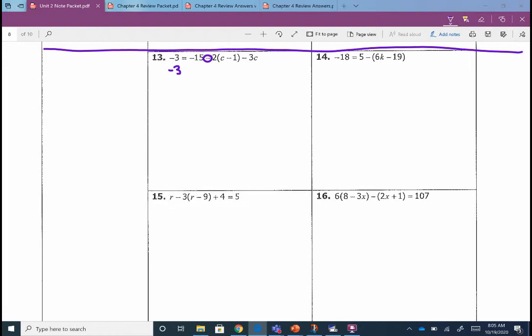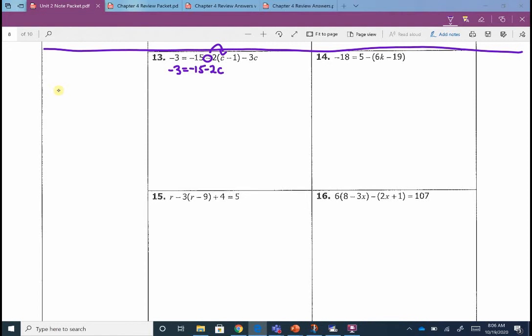There we go. An equal sign. The negative 15 isn't going to change either. Now I'm going to distribute. When I distribute, I like to draw my little arrows. It's going to be a negative 2 times r, and most people usually get that first sign right.